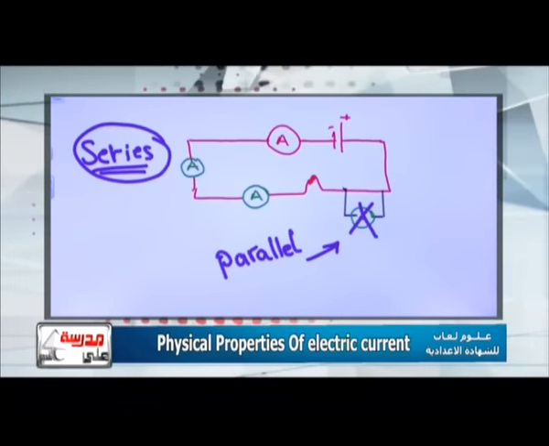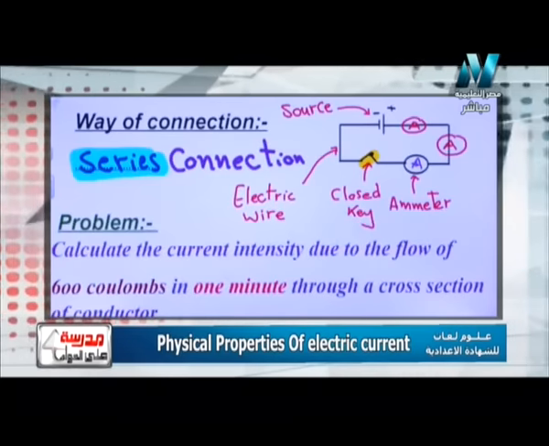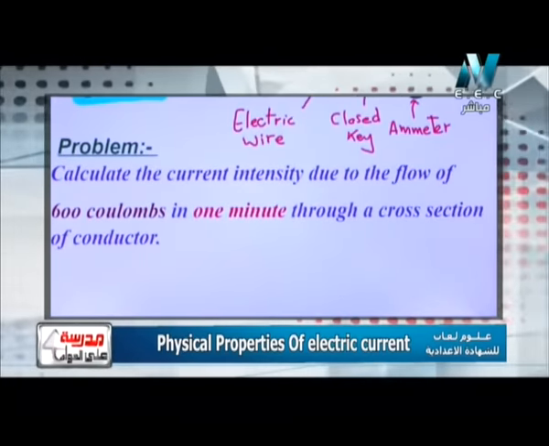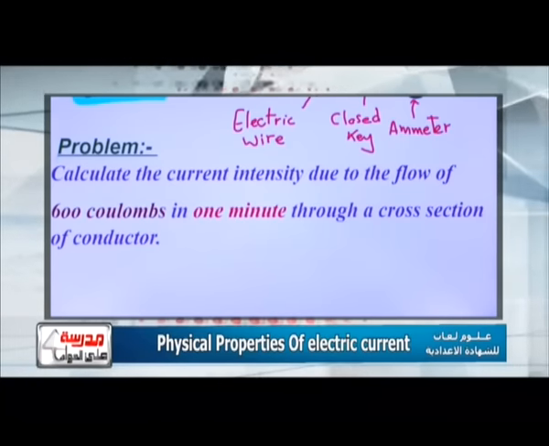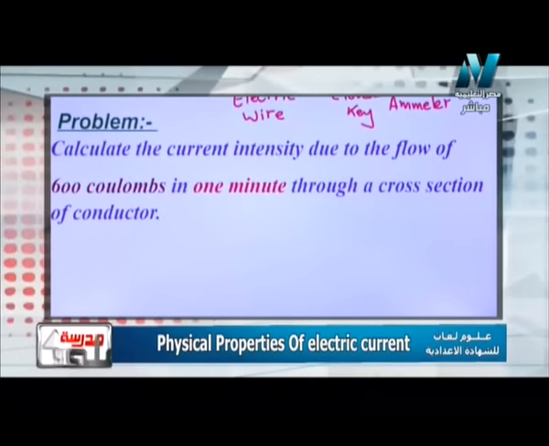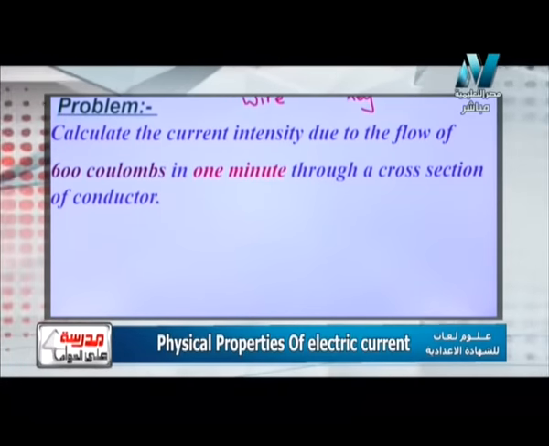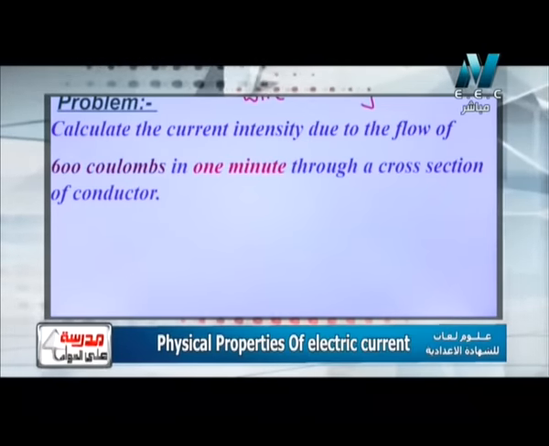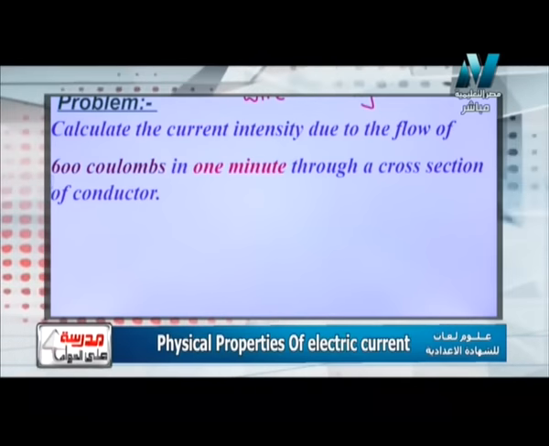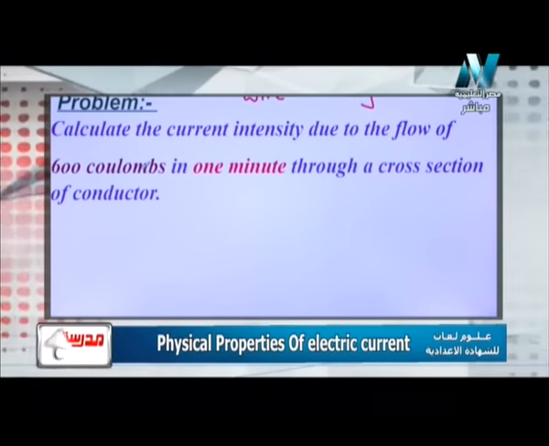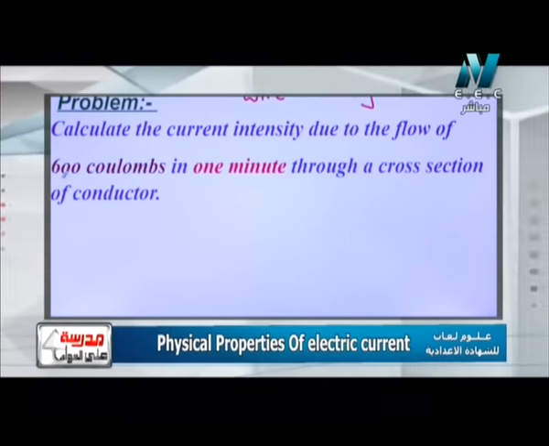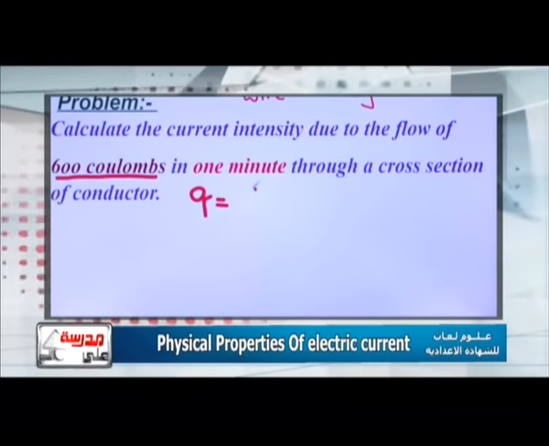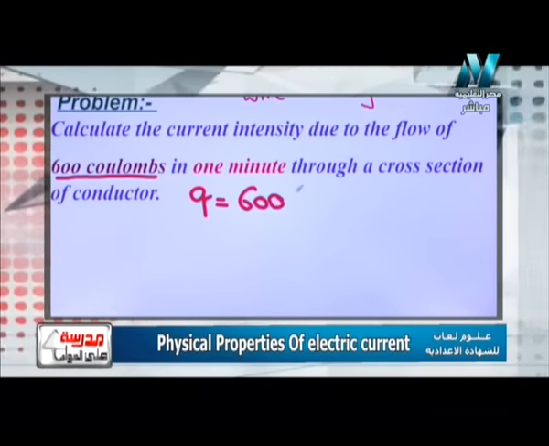Okay, we have here a problem. عندنا مسألة يلا نحلها مع بعض. بيقول لي calculate the current intensity due to the flow of 600 coulombs in 1 minute through a cross section of a conductor. How can we answer this problem? We should firstly write the given. لازم اكتب الحاجات اللي هو ادهاني. Flow of 600 coulombs, so we have Q, quantity of charge, equal 600 coulombs.